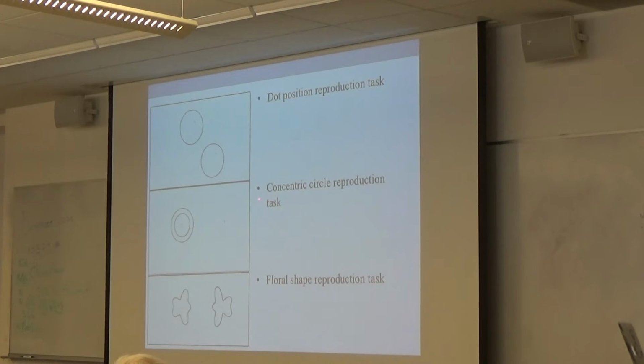In the concentric circle reproduction task, the participants were asked to reproduce the target concentric circles by using the provided right dot as a center. And in the Fourier shape reproduction task, the participants were asked to reproduce the target configuration by modifying the right shape.